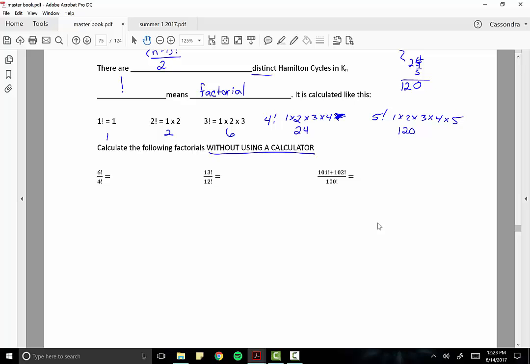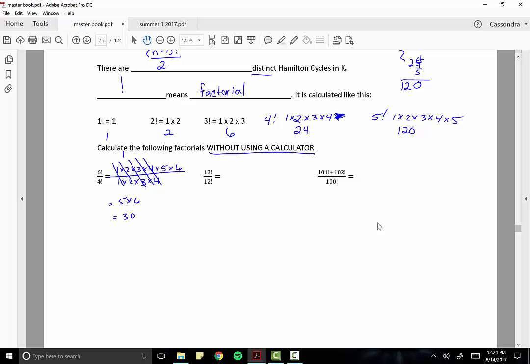So 6 factorial is 1 times 2 times 3 times 4 times 5 times 6 divided by 1 times 2 times 3 times 4. I can cancel those out. That becomes 1, and this just becomes 5 times 6, or 30.